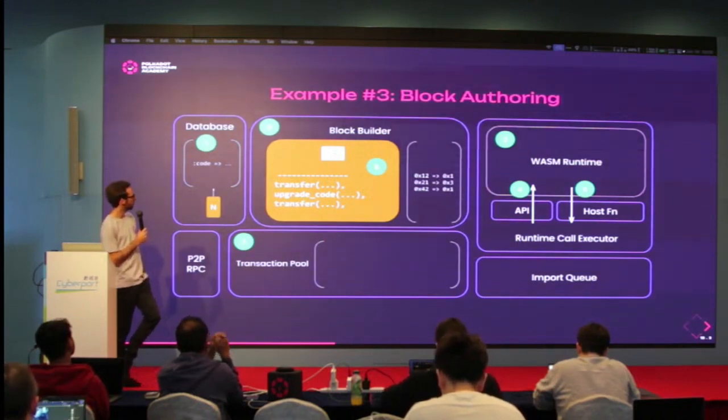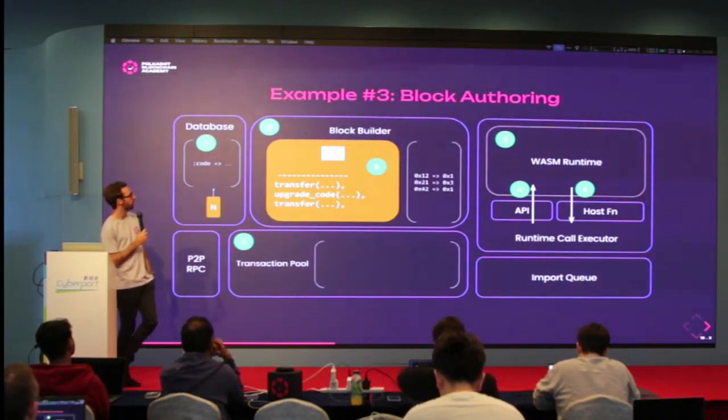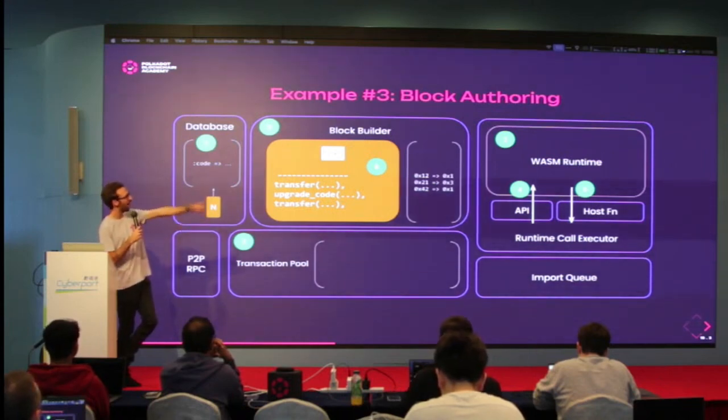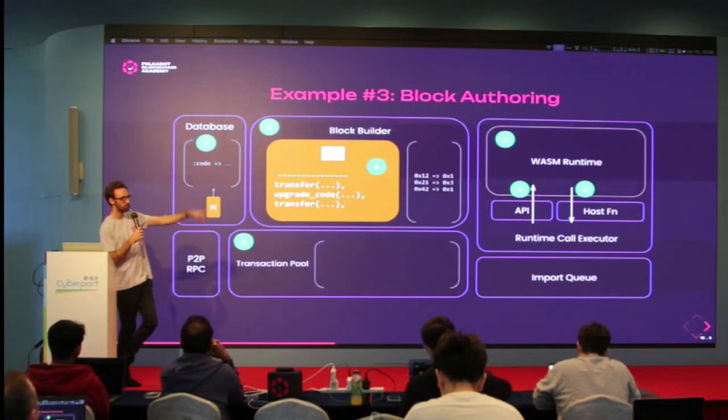A subtle detail, which we'll get to in the next lecture, is that we have two similar runtime APIs. This is also part of your assignment. The transaction pool passed transactions individually to the runtime and asked, are they good or not?